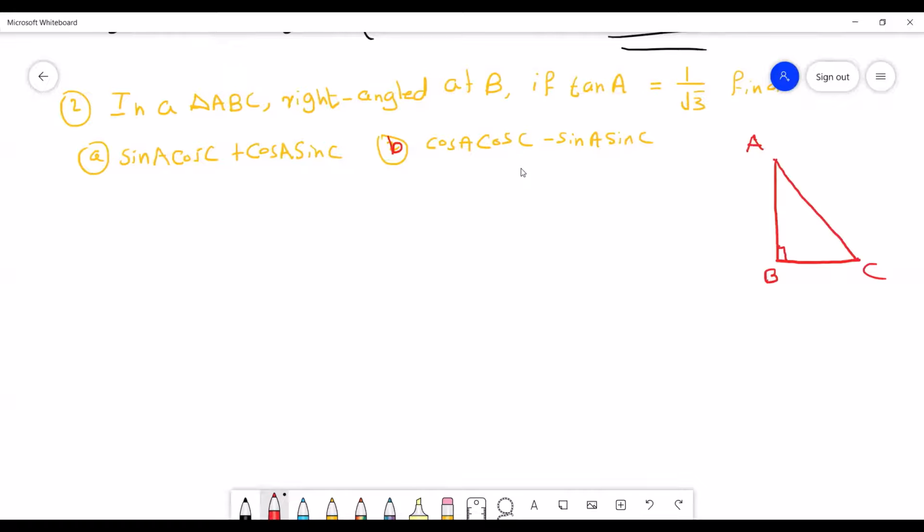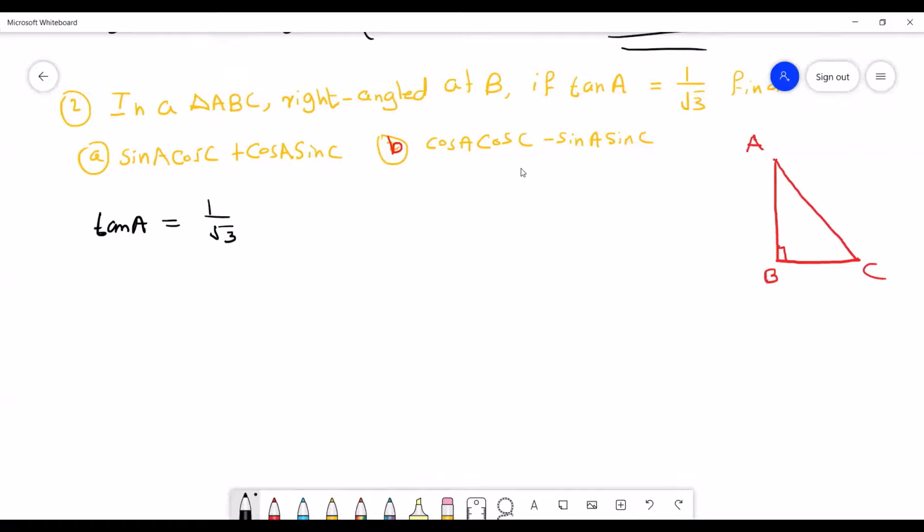So we have the value tan A is 1 by root 3.